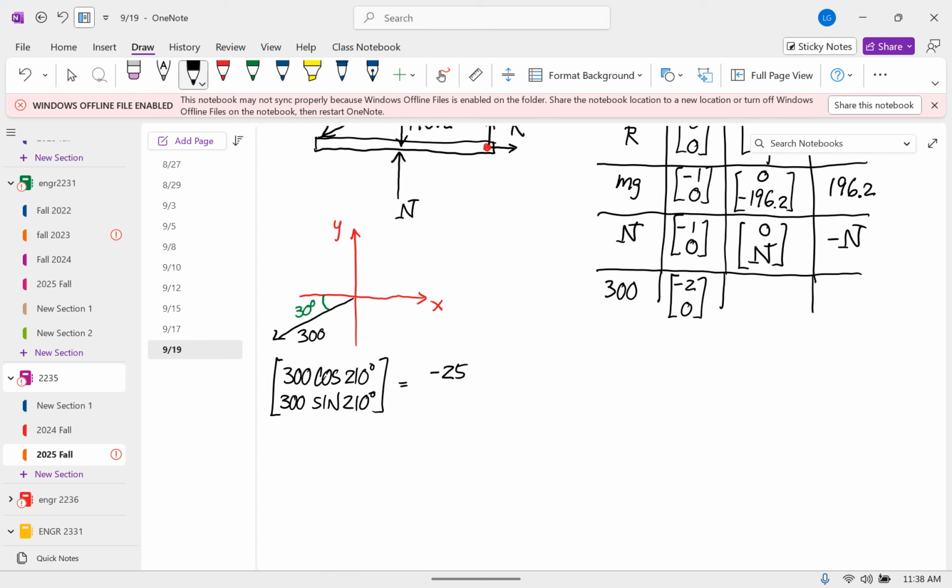So that's negative 259.81 and negative 150. So that's the force vector, negative 259.81 and negative 150. And the cross product here is 300.